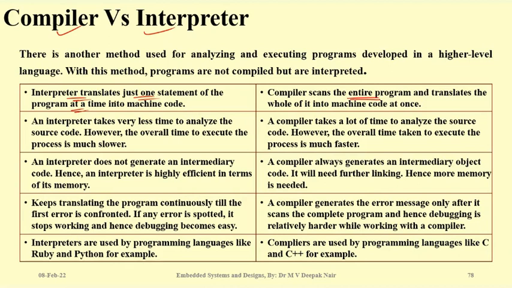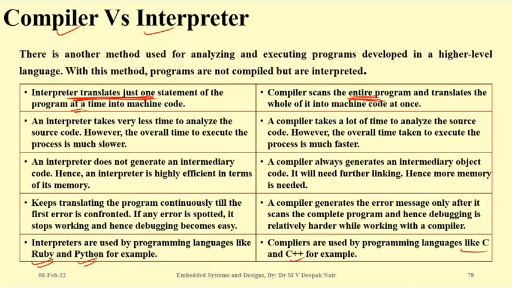This is one very important difference. The interpreter translates line by line, and the compiler compiles the whole thing in one part. Here you can see the difference between the programs. Ruby and Python are interpreted, so they compile the program line by line, whereas C and C++ are compiled, so mostly they are compiled together, and then you get the answer.